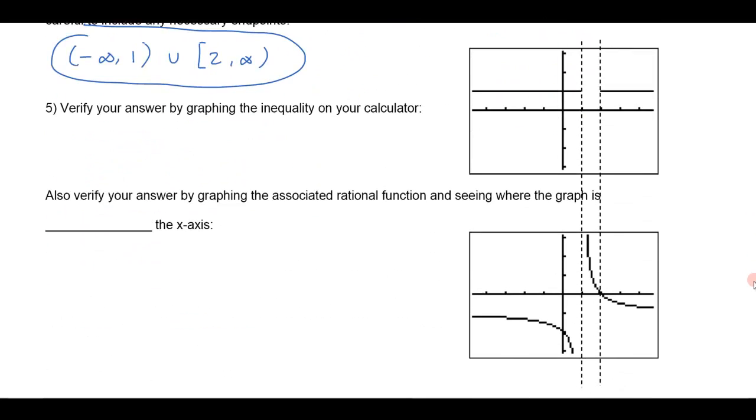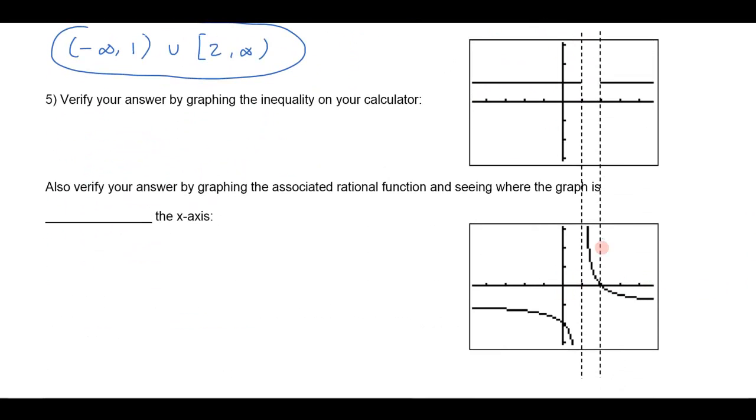If I look at these two, the graph and the inequality here, you can see that it graphed where it was less than 0. So here it's less than 0, so it graphed 1 is true. And then here it's not less than 0, right? It's greater than 0 here, so it left that blank. And then it actually graphed down here at y equals 0.